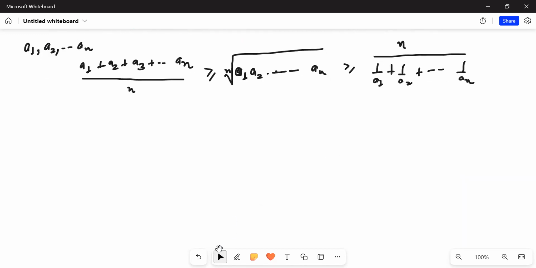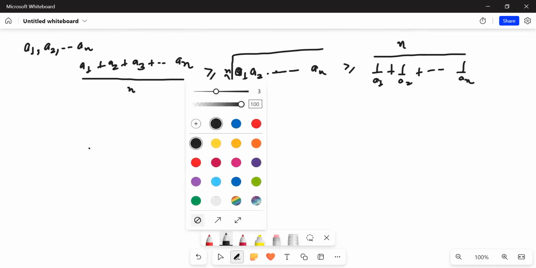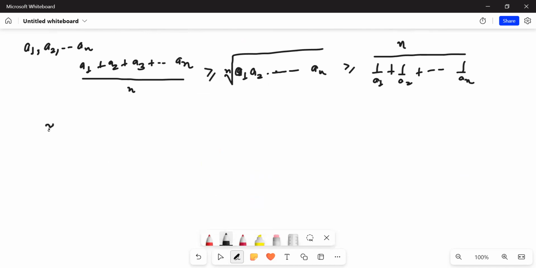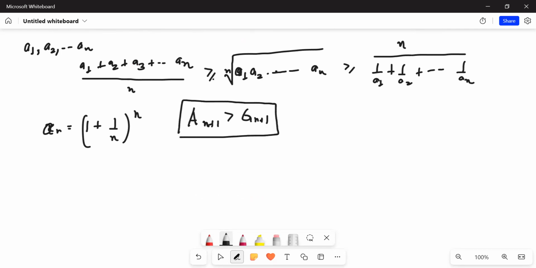Now just try to use this inequality and see how briefly we can write the proof. Basically, I'm considering an as (1 plus 1 upon n) raised to power n, and let me use the arithmetic mean greater than or equal to geometric mean for n plus 1 terms. Equality only arises if all these numbers are equal.